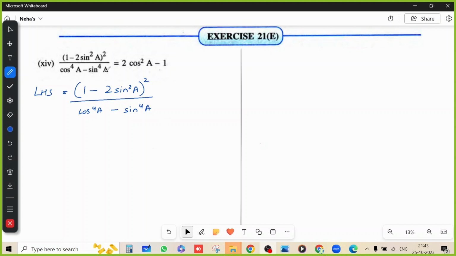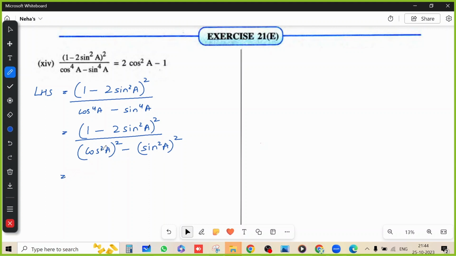The left hand side of the next question is given as 1 minus 2 sine square A whole square divided by cos raised to 4 A minus sine raised to 4 A. So this can be written as 1 minus 2 sine square A whole square, and the denominator can be written as cos square A whole square minus sine square A whole square.